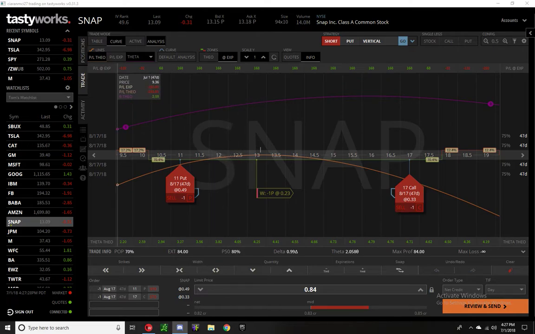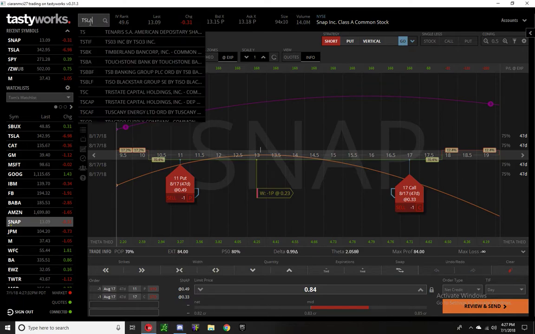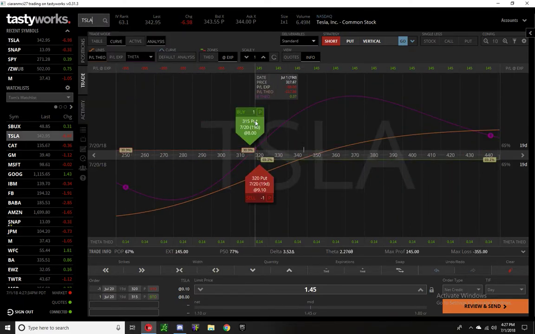At expiration, all right? So, for example, let's pull up Tesla. If you're selling any option, no matter what it is, you want to sell the option when IV ranks are high. You're going to hear that a lot, implied volatility.